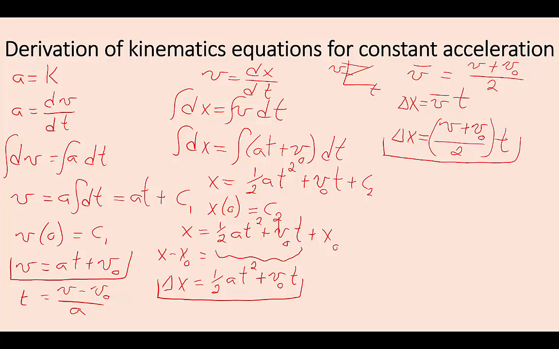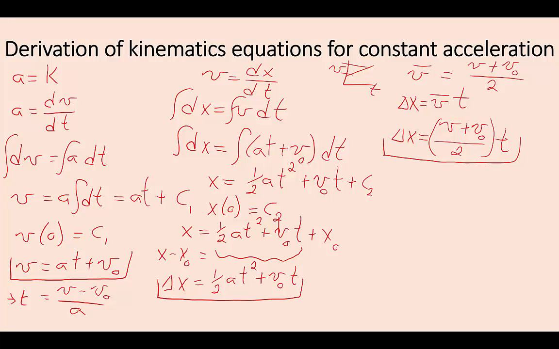Thus, our third equation. Now, finally, to come up with our last equation that we use all the time in kinematics, we can take this last equation and look back way over to the left, where we had solved for t, and substitute in that t to come up with our final equation.